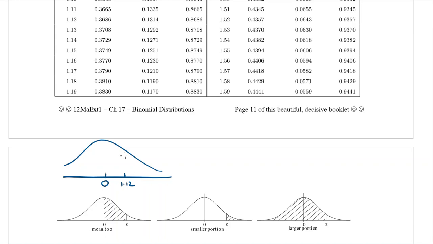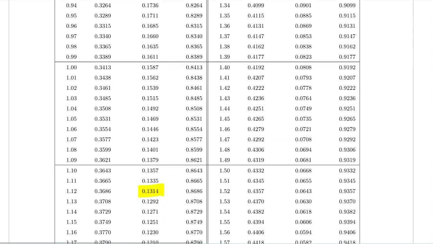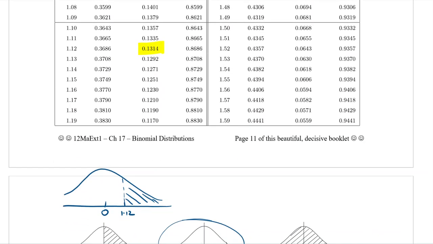I'm wanting everything greater than that. Is that one of the options in my, look down the bottom here? So the smaller portion. If I find the smaller portion of 1.12, 1.12 is here. The smaller portion should be this middle one. Because I'll go back up, come up here. So you see the smaller portion was the middle one? So it is 0.3686. Okay, does that make sense how I did that?